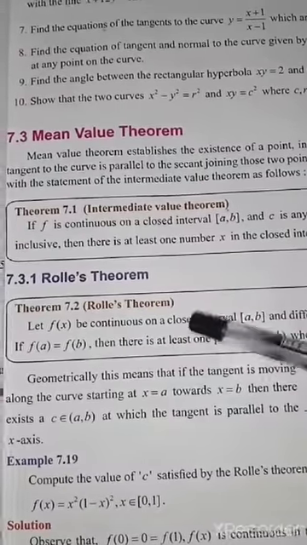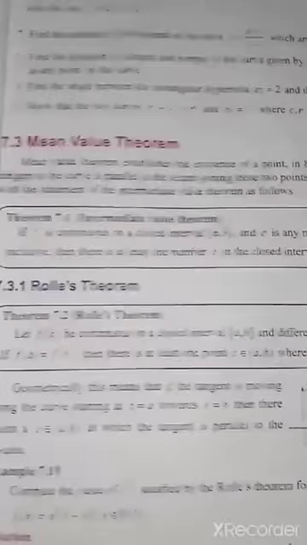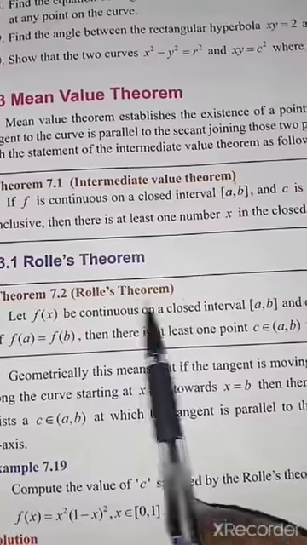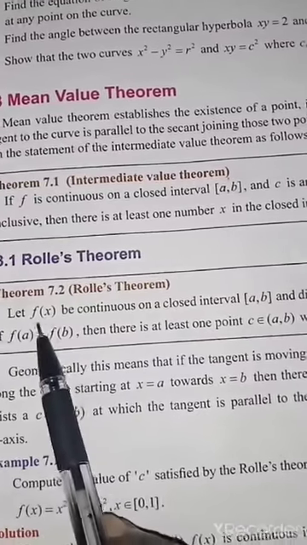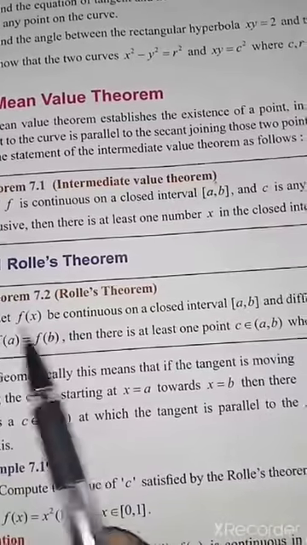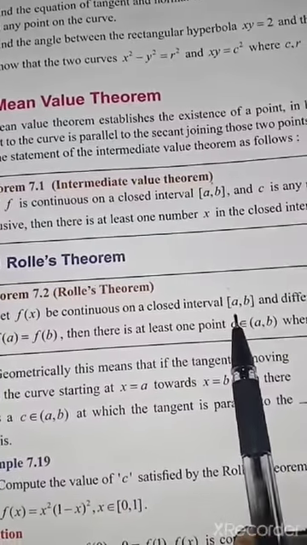Now in this exercise we are dealing with Rolle's theorem. Rolle's theorem definition is very important, because using this definition only we are going to do the problems. Take in your note the heading as Rolle's theorem, and write: f of x is continuous on the closed interval [a, b].